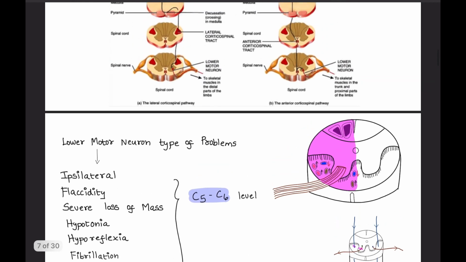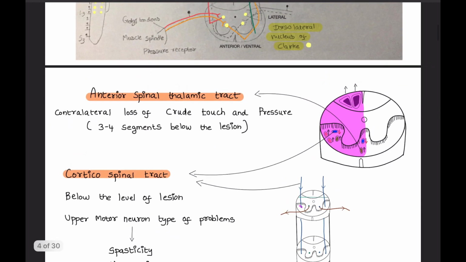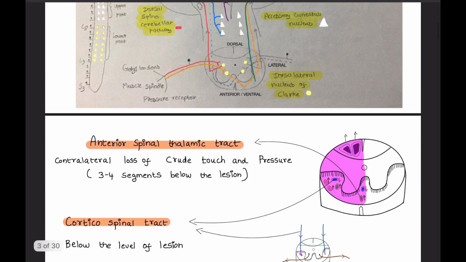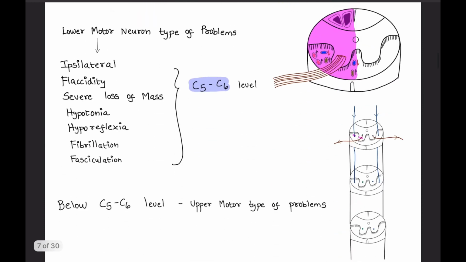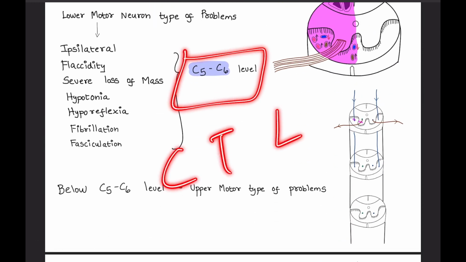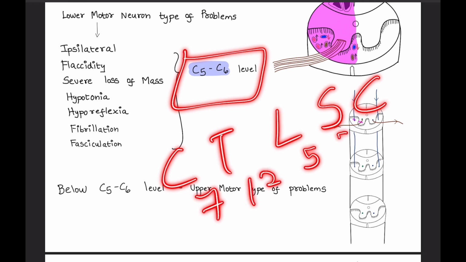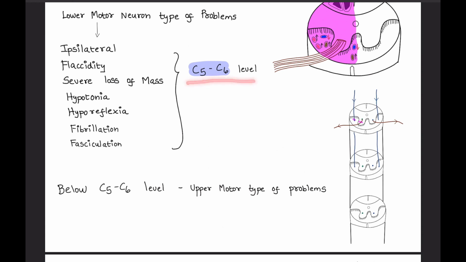And this Brown-Séquard syndrome, I forgot to mention, commonly occurs around cervical vertebrae 5 and 6 level. You know the sequence: C, T, L, S, C7, T12, L5, S5.